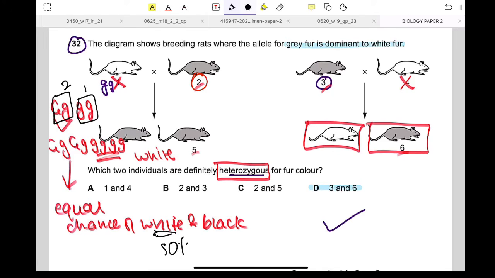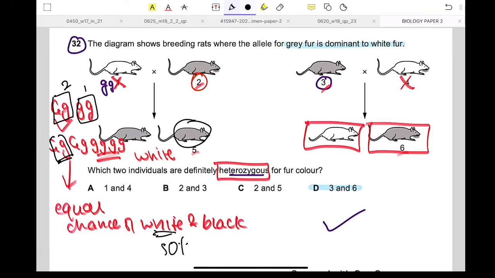So there is a lesser chance that 2 is actually a heterozygous genotype rat. Now, if we look at 5, 5 now is gray, right? So this still might have a chance, but because 2 is less likely to be heterozygous, there's a lesser chance of 5 having a heterozygous genotype.